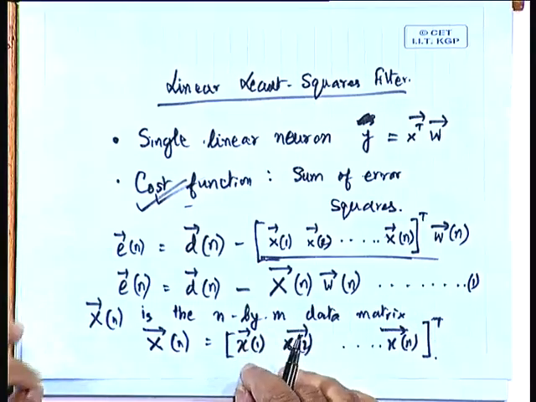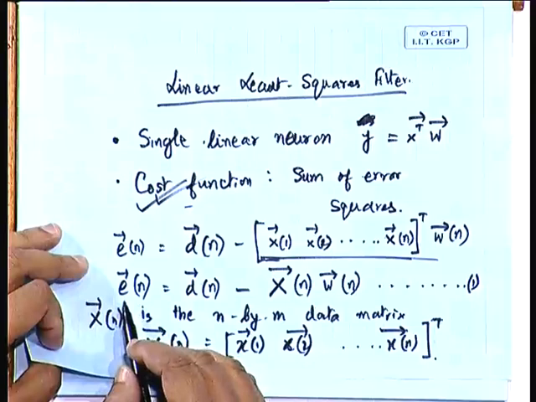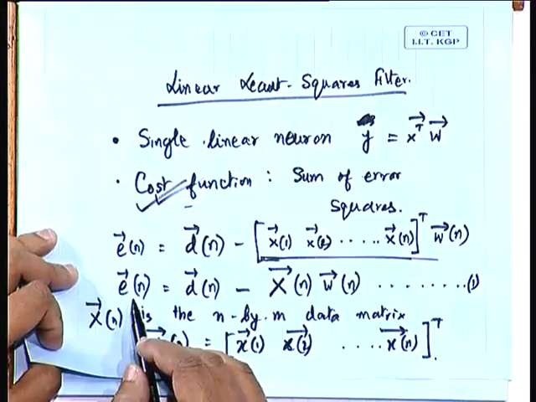Now, if we differentiate this equation with respect to w n, then what are we getting? Differentiating this with respect to w n gives you the gradient of the error vector.